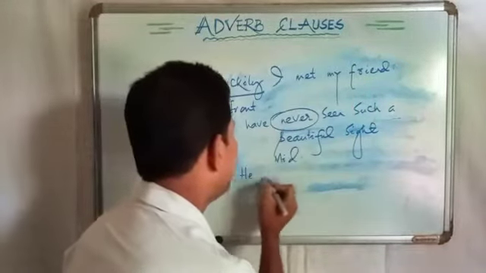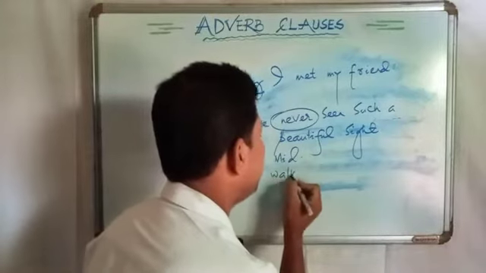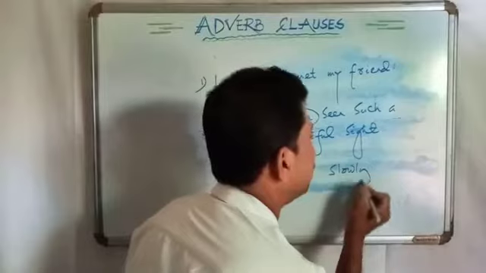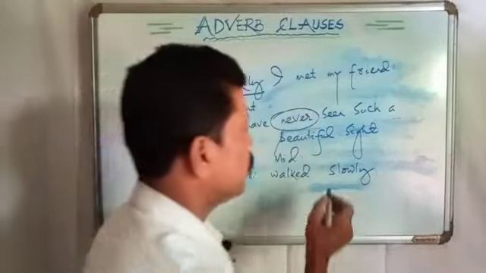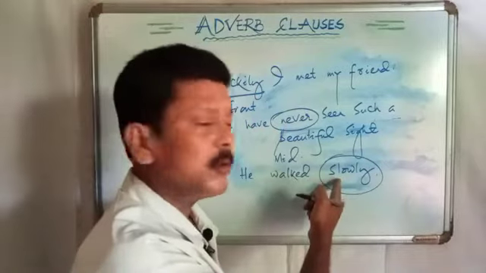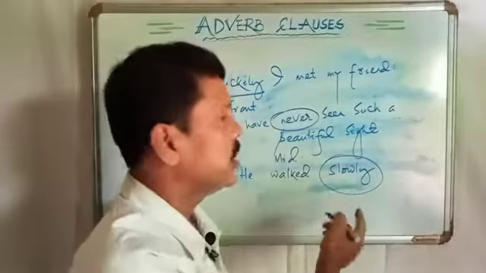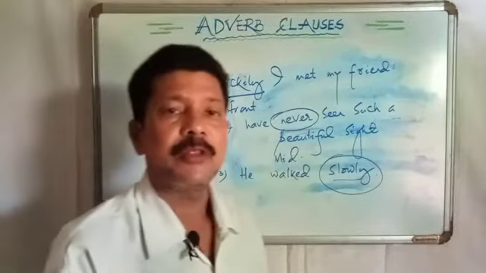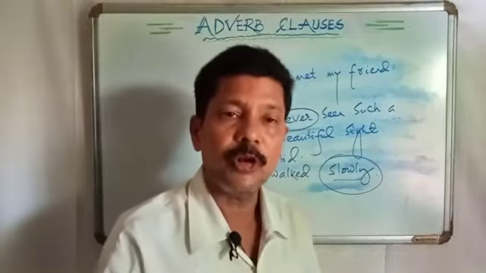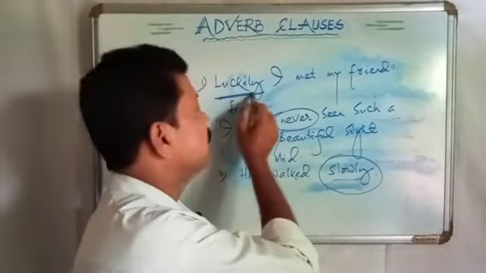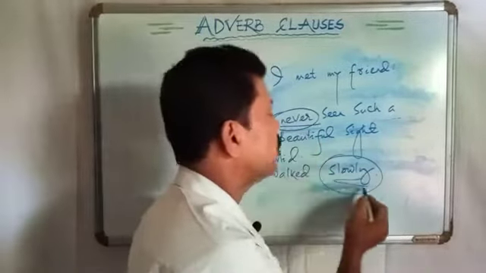He walked slowly. Slowly is the adverb that comes at the end of the sentence. So, slowly is the end position. I have given three positions of three different adverbs: luckily, never, and slowly.